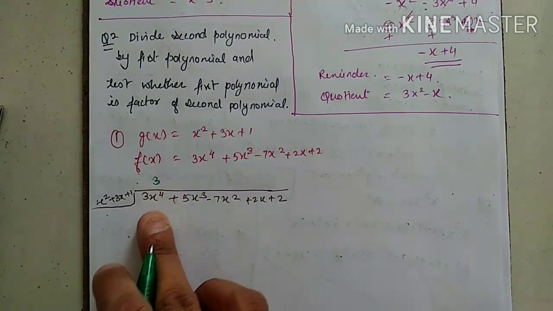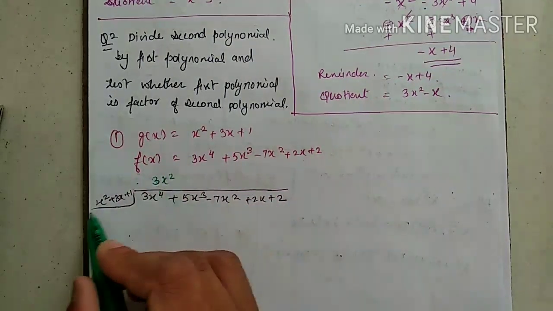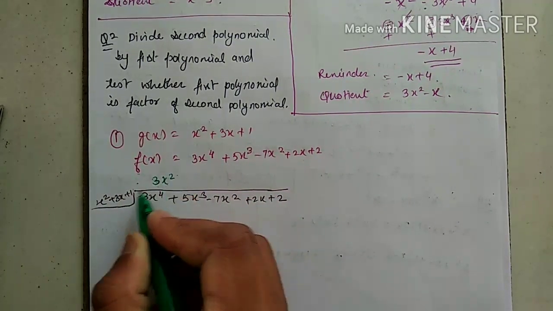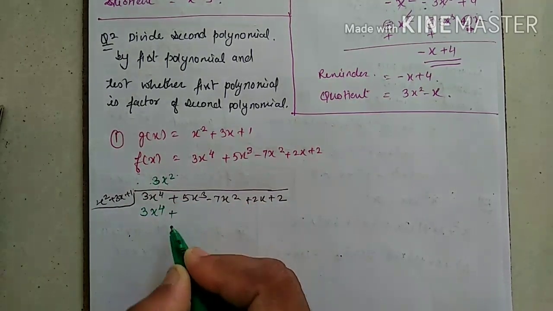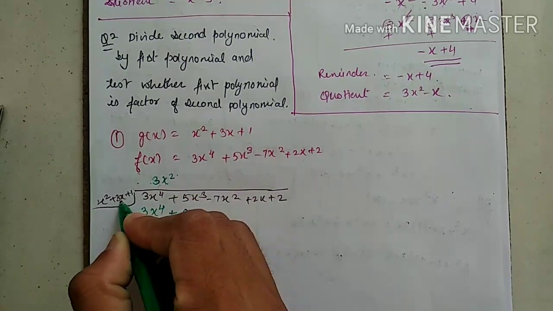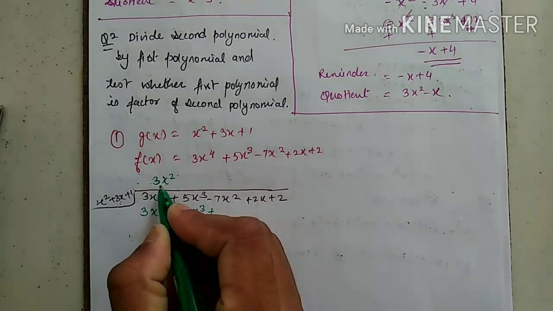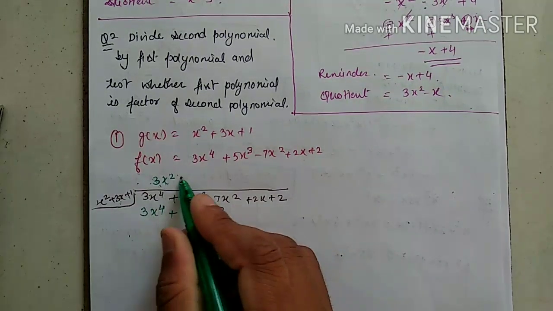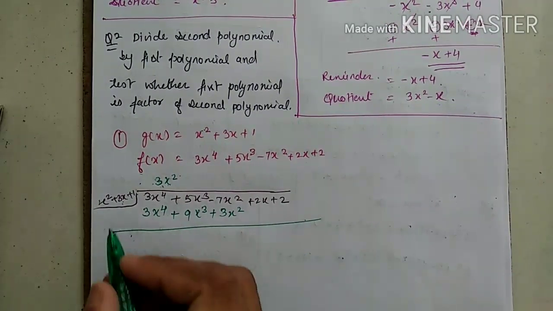As well as here x power 4, here x power 2, so I have to multiply x power 2. Just multiply. 3 ones are 3, x power 2 into x power 2 is x power 4. Positive, positive, positive. 3 3s are 9, x square and x cube. Plus 3 ones are 3, x square, it means x. Correct? After that, again we have to do the same.